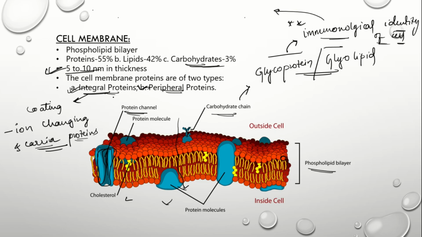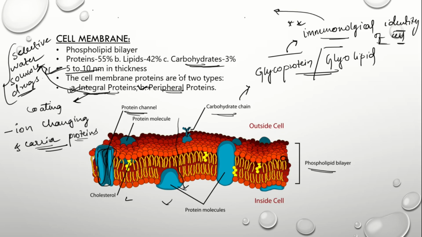This is the main function of the integral proteins. And also the integral protein allows selective water soluble substances or drugs to pass through the cell membrane, in and out of the cell, which means transportation can occur.